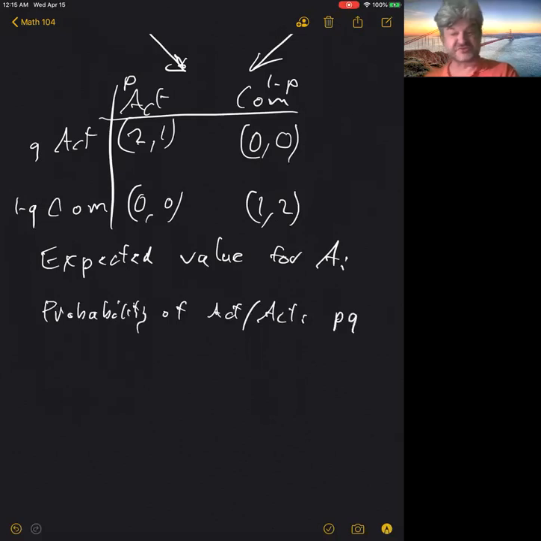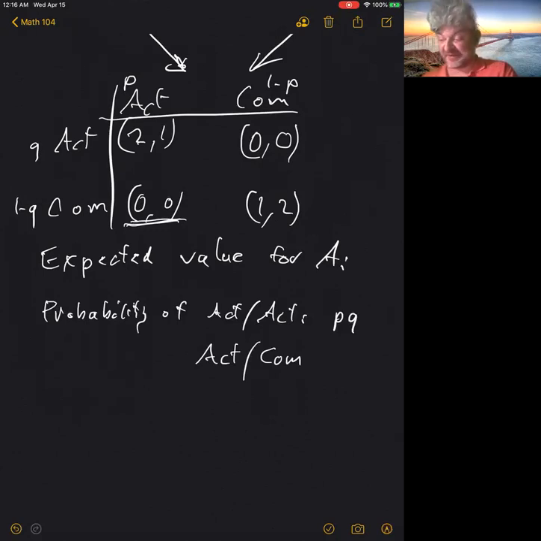By the multiplication rule, the probability of A chooses action, B chooses comedy, that would be the lower left situation for which they have a score of 0, but it doesn't matter.